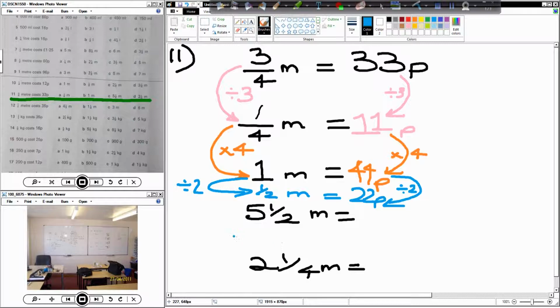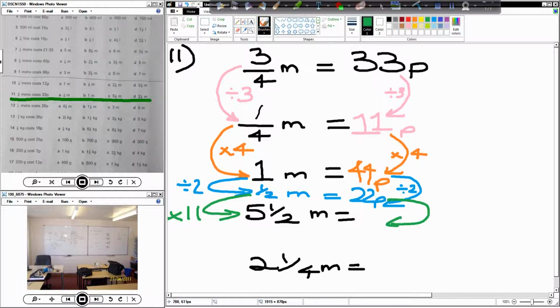Now we can go from half a meter to 5.5 meters. How many halves are there in 1? 2. How many halves are there in 5? 10. How many halves are there in 5.5? 11. So if we want to go from a half to 5.5, we multiply by 11.